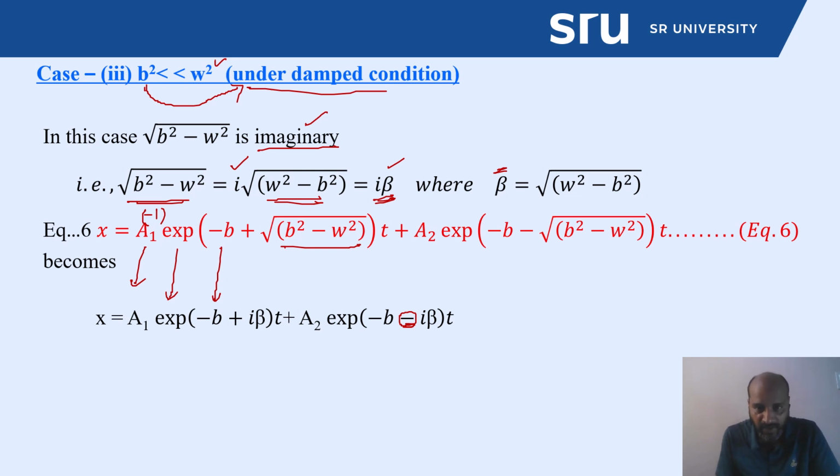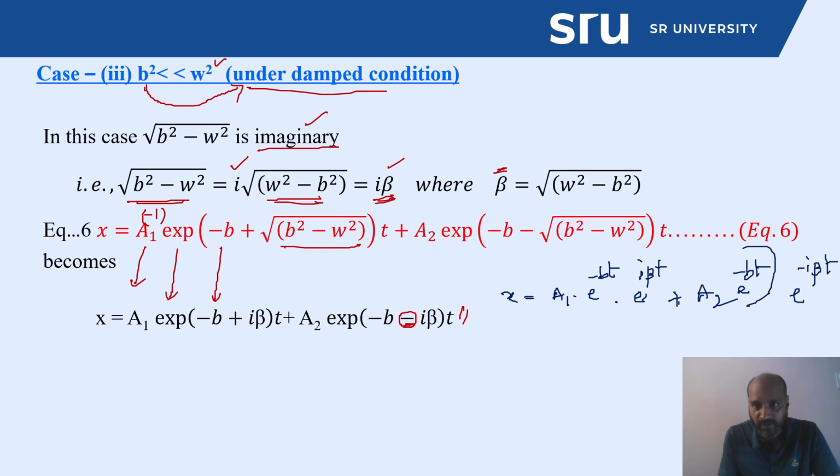I mean, if you write this in extended way, x is equal to a1 e to the power of minus bt and e to the power of i beta t. The second term, a2 e to the power of minus bt and e to the power of minus i beta t.